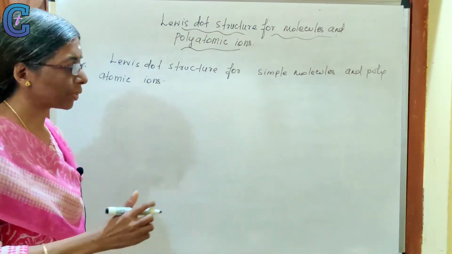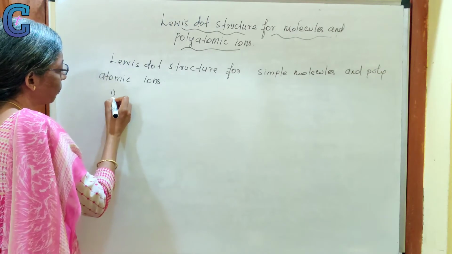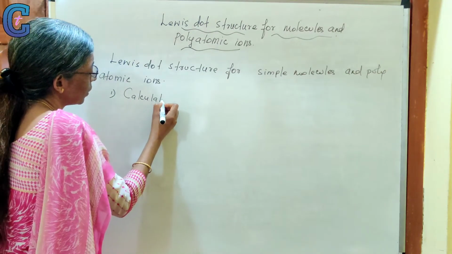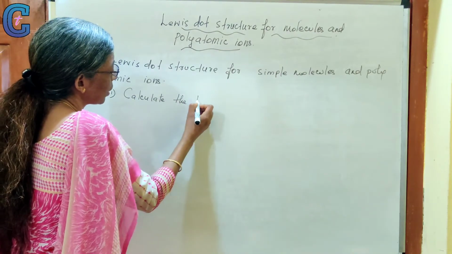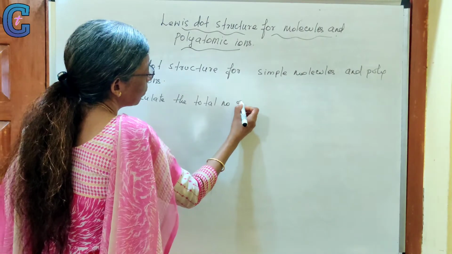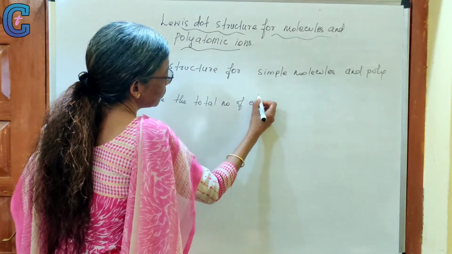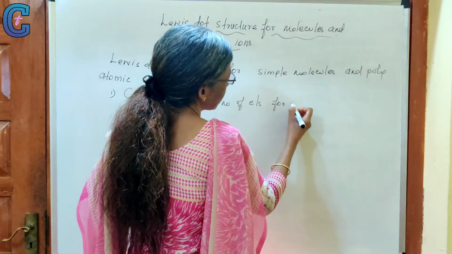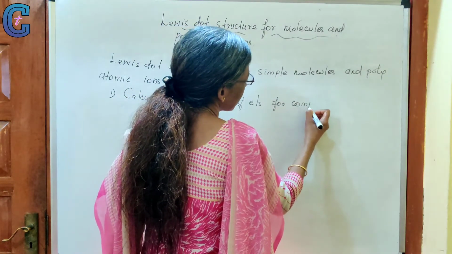First one, what is the first step? First step is to calculate the total number of electrons for completing octet.